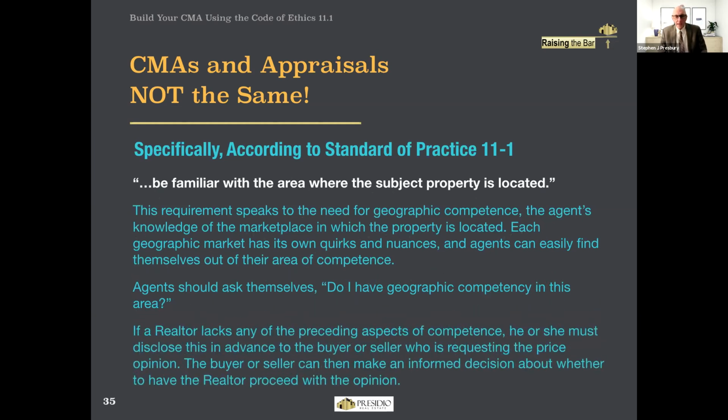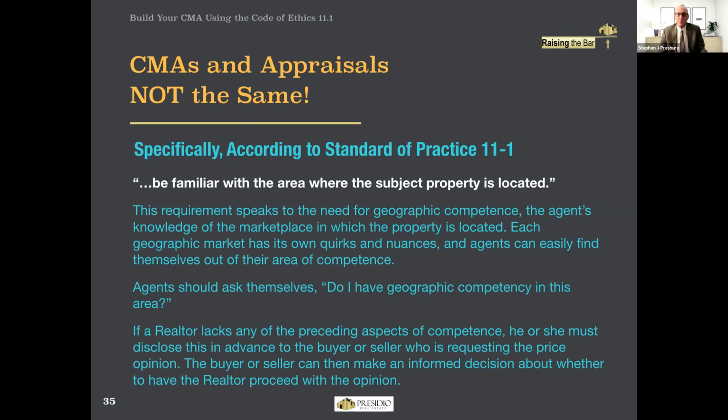If a realtor lacks any of the preceding aspects of competence, he or she must disclose this in advance to the buyer or seller who is requesting the price opinion. The buyer or seller can then make an informed decision about whether to have the realtor proceed with the opinion.